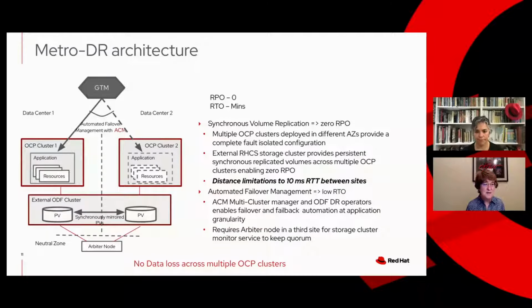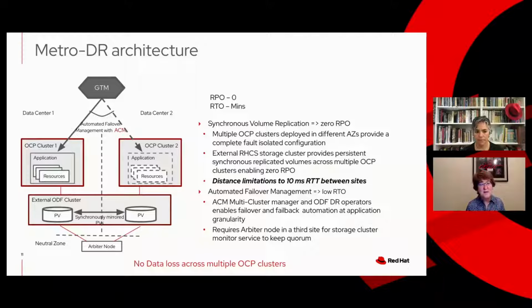So that's a particular configuration, so that we can essentially ensure that if everything in the site, data center 1, was unavailable, the data would still be synchronously replicated, and there would be enough replicas of the data in data center 2 so that your applications could still run.